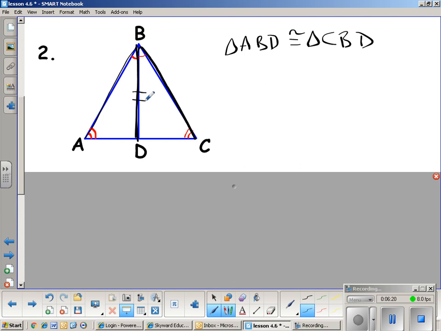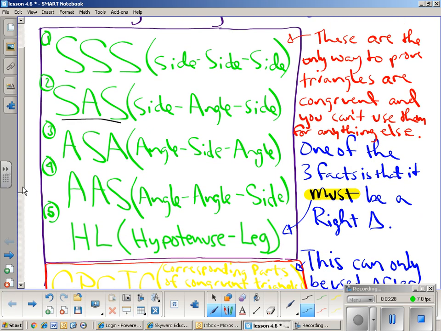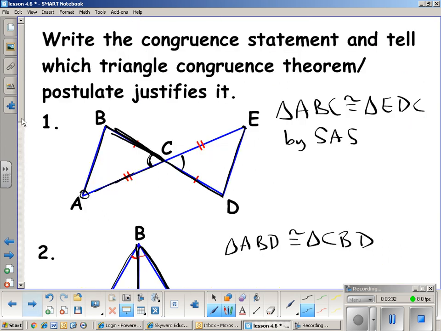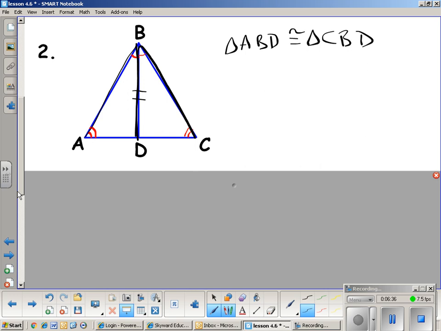So now, looking at that, Allison, which one of these five justify why those triangles are congruent? Angle, angle, side. I have two angles and the side not between them.